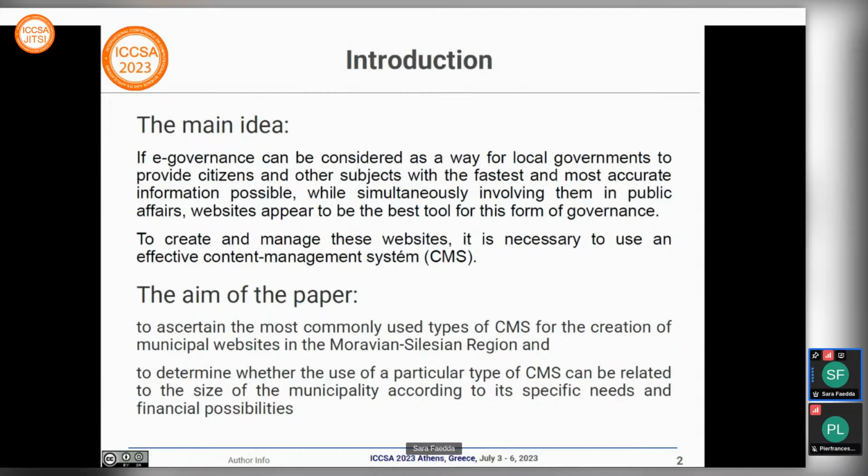So, as I said, we tried to ascertain the type of CMS, and the second aim was whether these types of CMS are connected with the size of the municipality, because some of them are free of charge, some of them have to be paid.